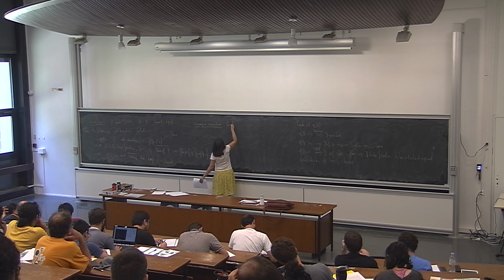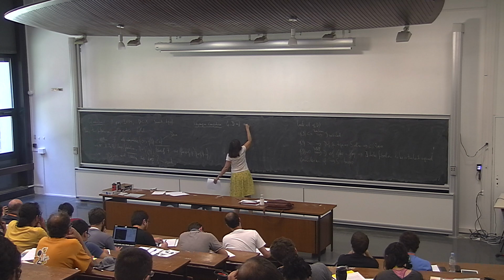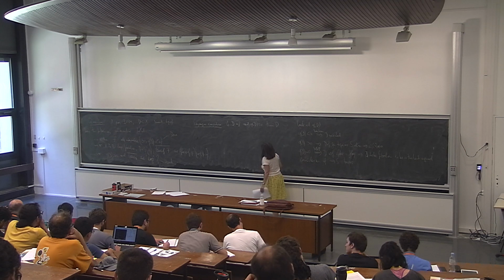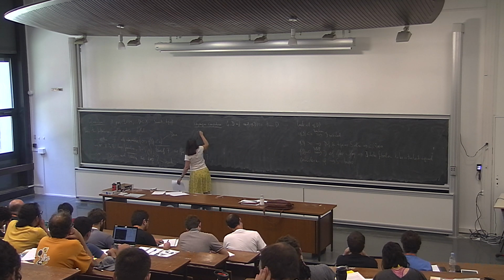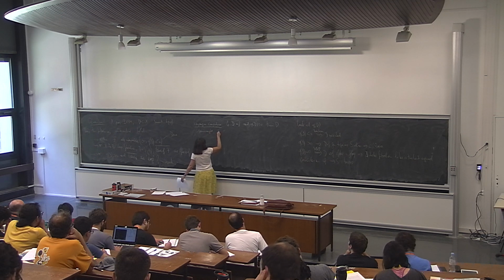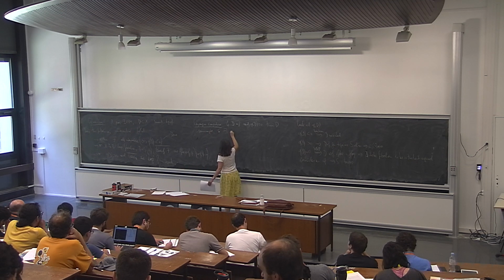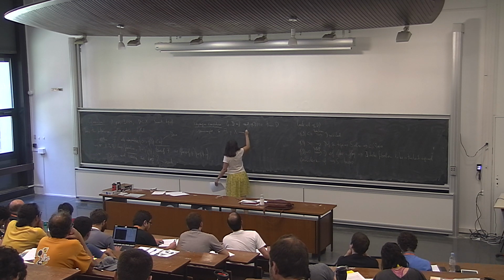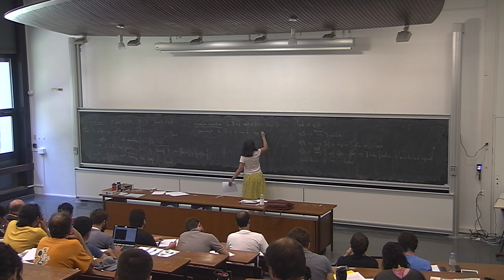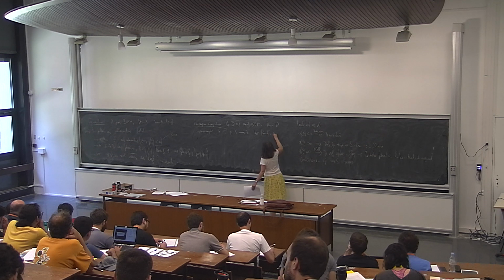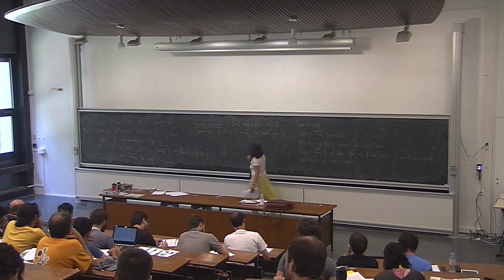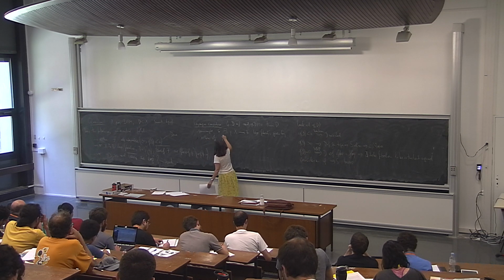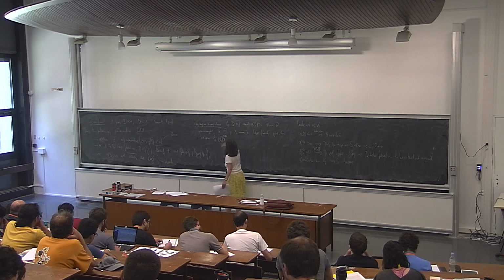So if G is nef and Q of G is 0, then G is semi-ample. So there exists such a Lagrangian fibration, which is given by the sections of some power of G, O of G to the power n. Okay?